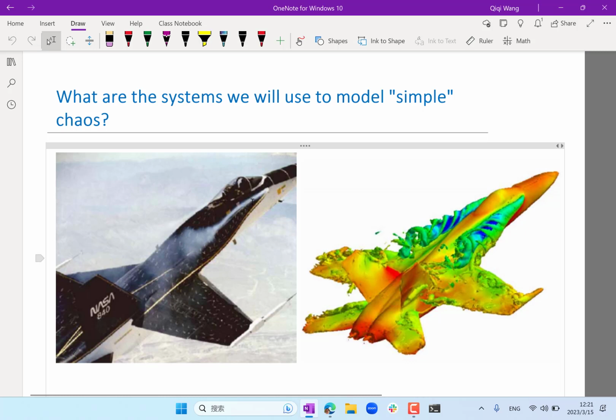When the airplane is at high angle of attack, as this vortex enters a very high adverse pressure gradient, as the pressure increases very rapidly over this region, the vortex breaks down into a bunch of chaotic vortices. The breakdown of this vortex is really like a concentrated spatial effect. It's not homogeneous in any direction.